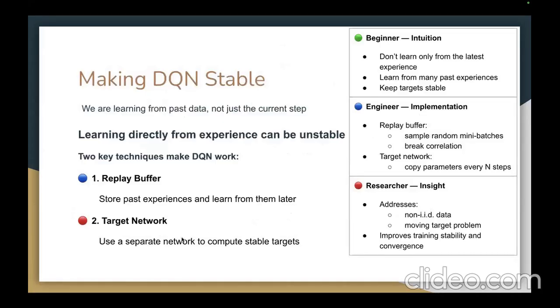To solve this problem, we use a separate target network. This network is a copy of your main network, and we periodically copy from the main network to the target network, and this is used to compute stable targets. The goal of these two approaches is to address the non-IID problem and the moving target problem, and they are shown to improve training stability and convergence.